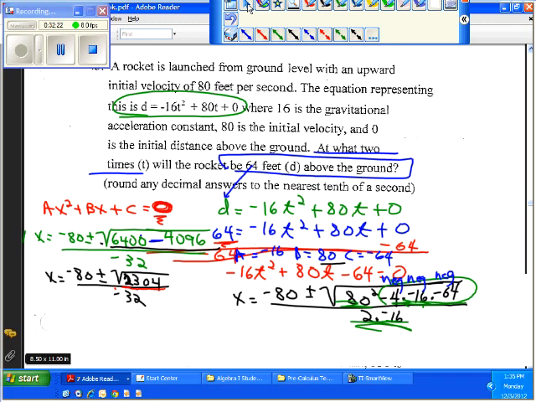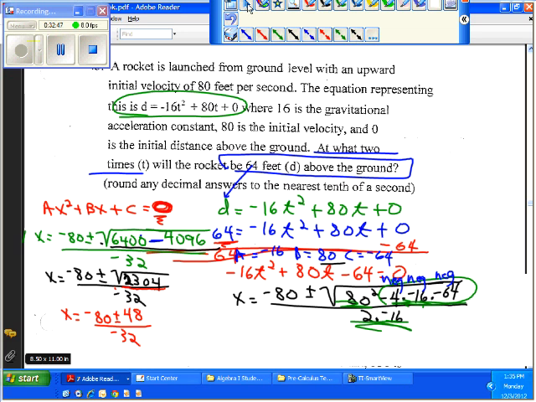Then we're going to do the square root of 2,304, which is, somebody have that? Square root of 2,304, 48. So we have x equal to negative 80 plus or minus 48 over negative 32.